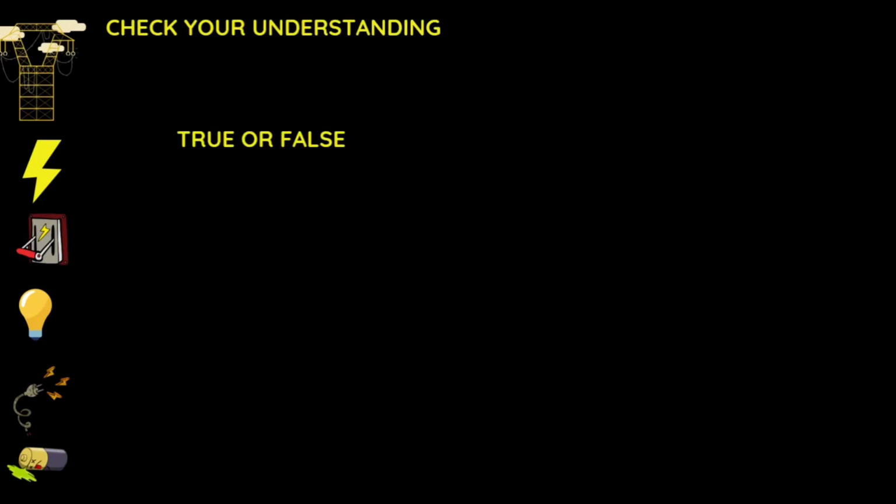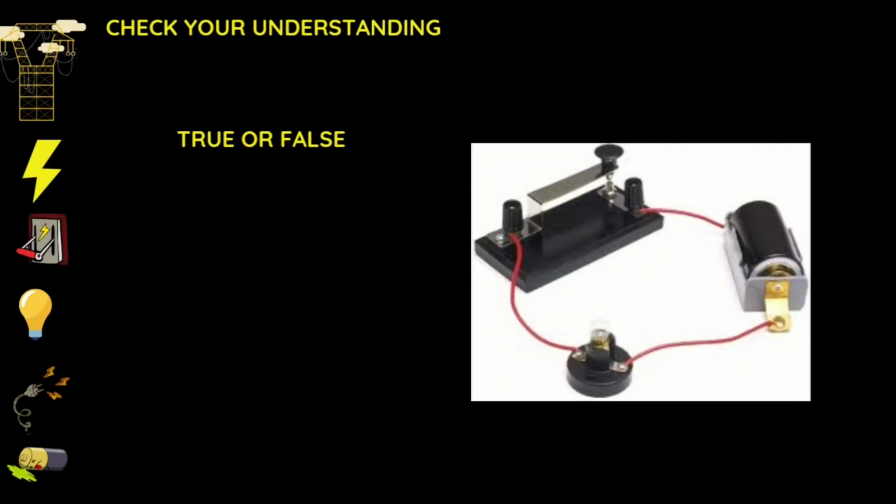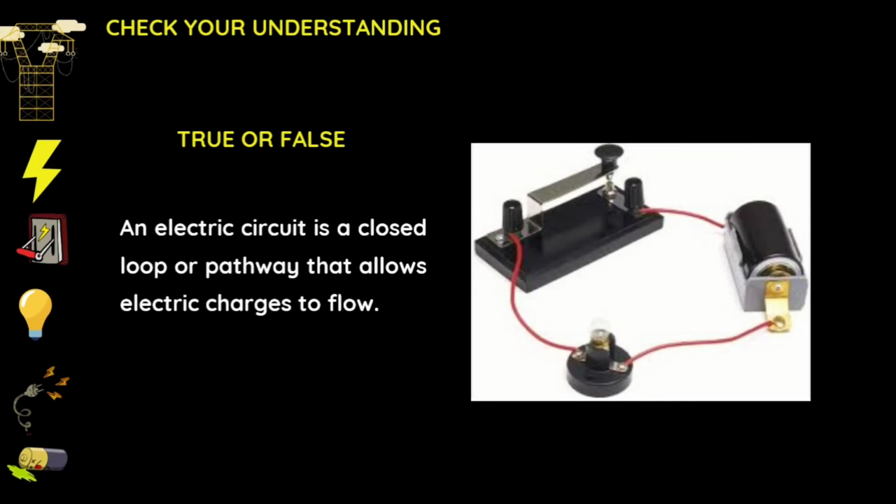Number 5. True or false? So let's analyze this picture on the screen. An electric circuit is a closed loop or pathway that allows electric charges to flow. Okay, the answer for this statement is true, because an electric circuit is a closed loop or pathway that allows electric charges to flow.